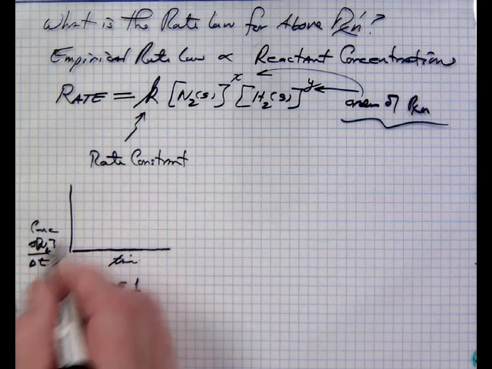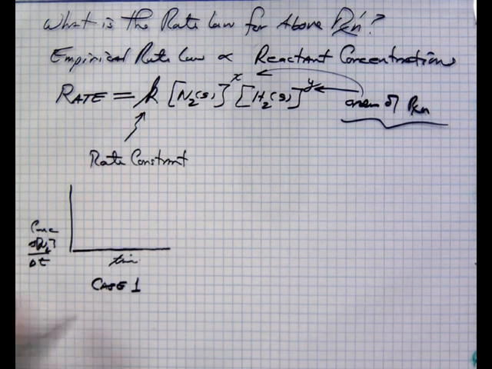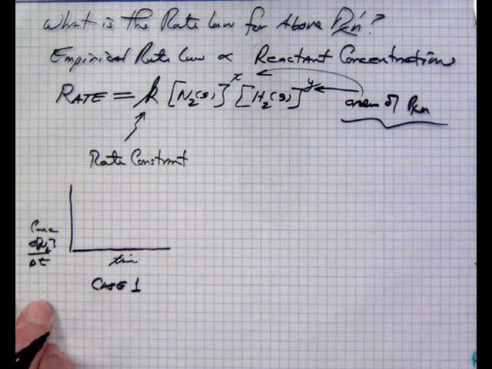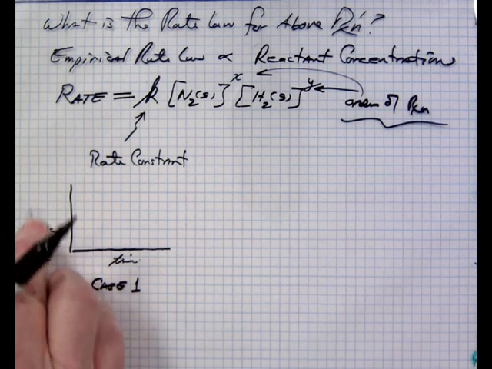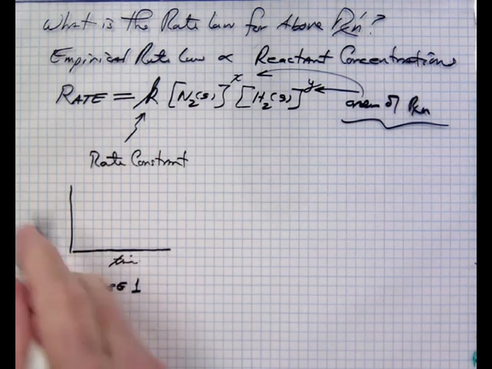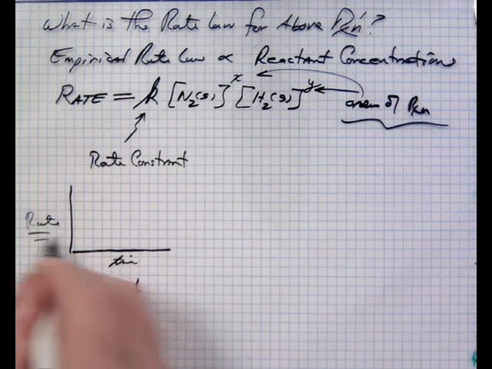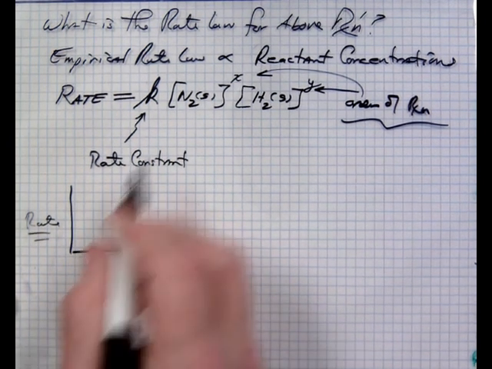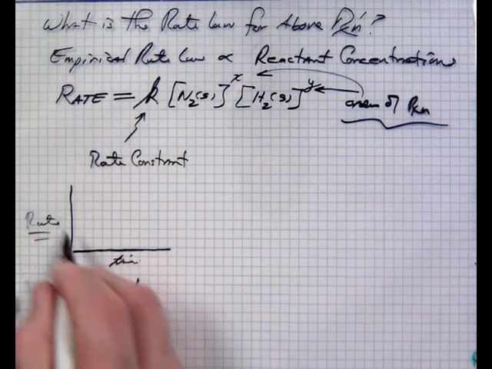So, I should have used rate. I'm sorry, change this to rate. Make it easier. Right there. We're looking for a change in rate when we change the concentration of a component.